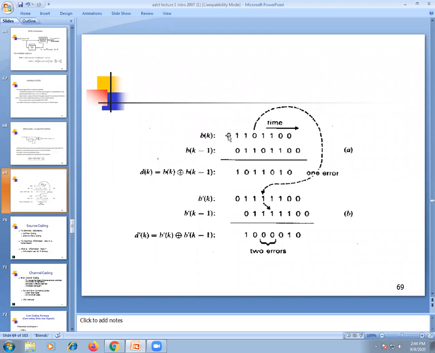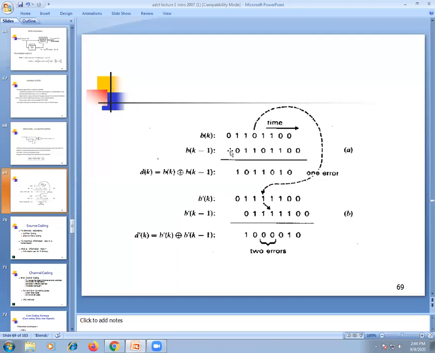This is the data, B of k, and this is B of k minus 1, the delayed version.